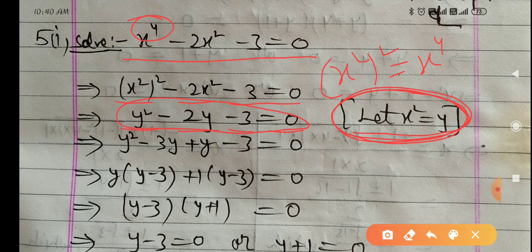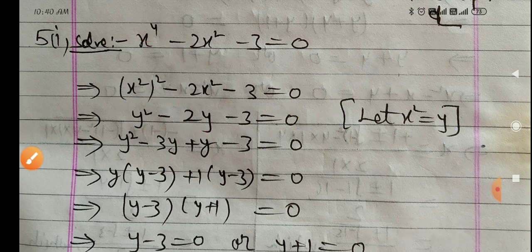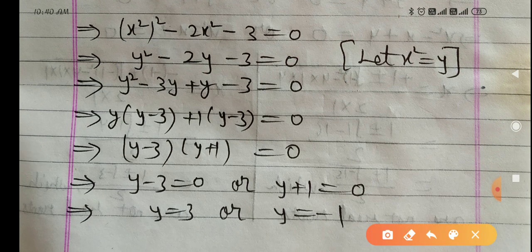Now if it is factorizable, means you can make the factors. In the last video I told you the factorization method. So by the factorization method you can find the value of y. So I applied the factorization method here. Y square minus 3y plus y minus 3 equals 0. I have resolved the middle term.